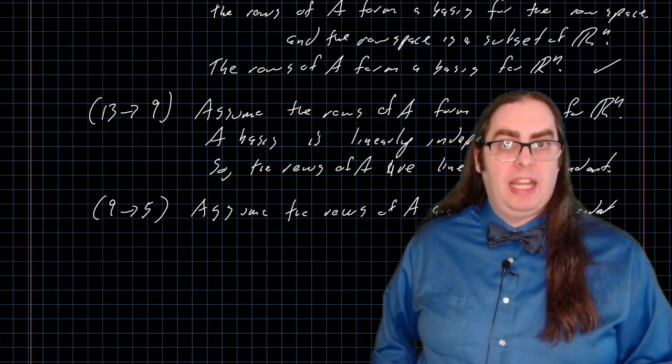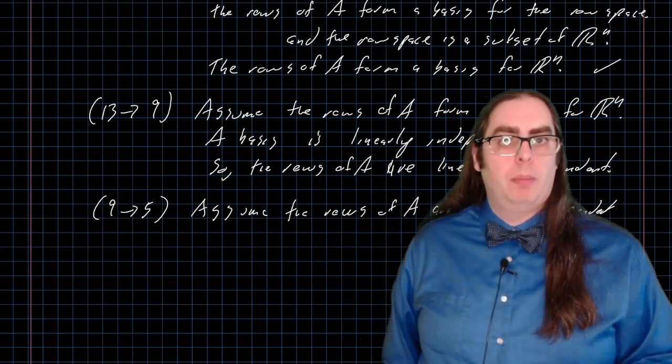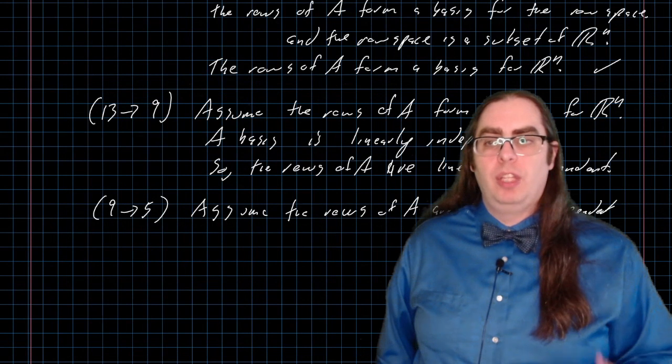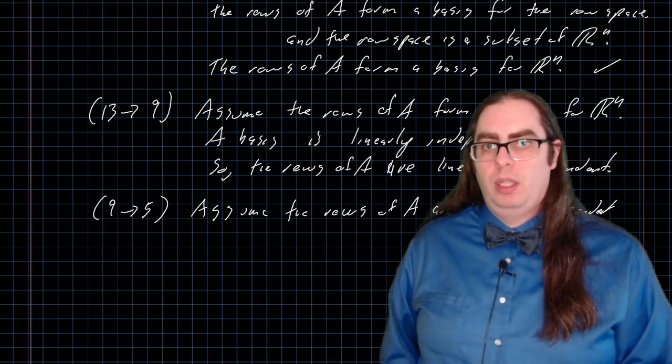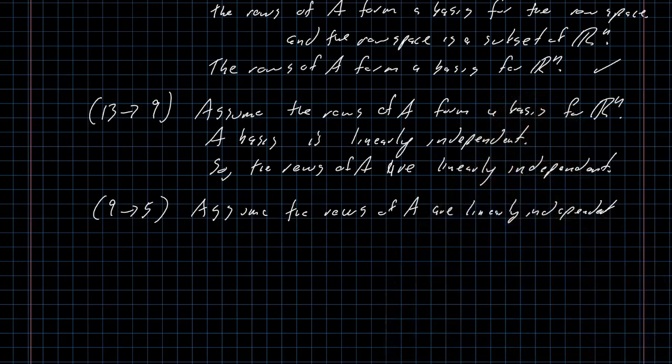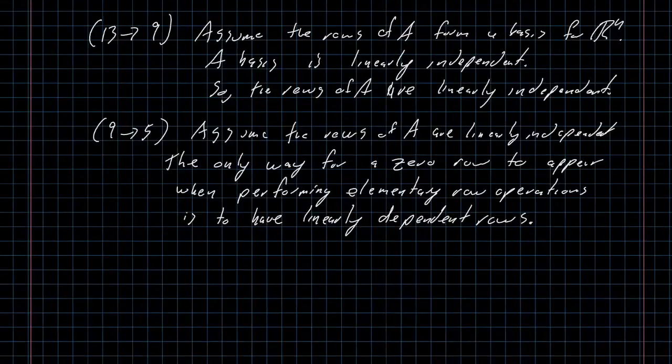Another way of saying that is that the only way for a 0 row to appear when performing elementary row operations is to have linearly dependent rows. And in our case, we have linearly independent rows.